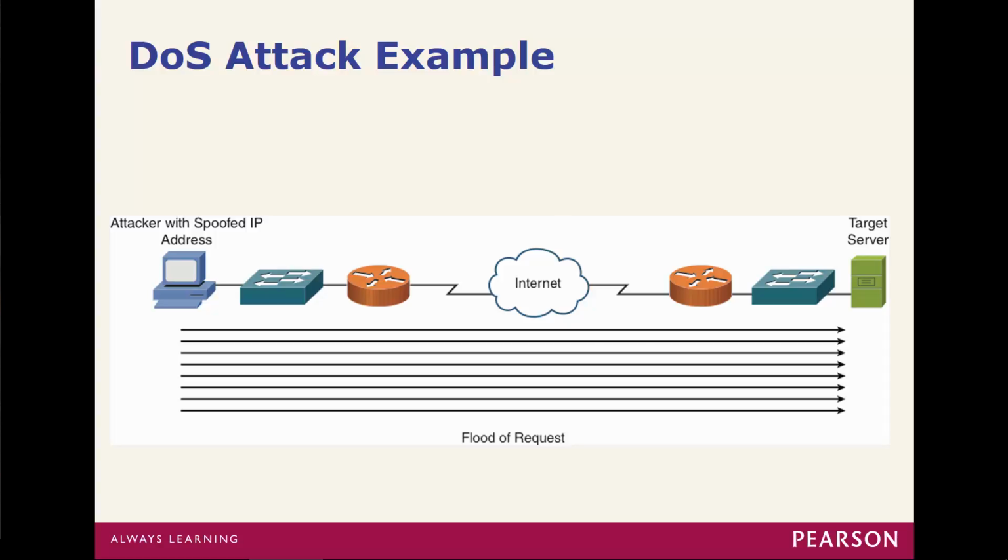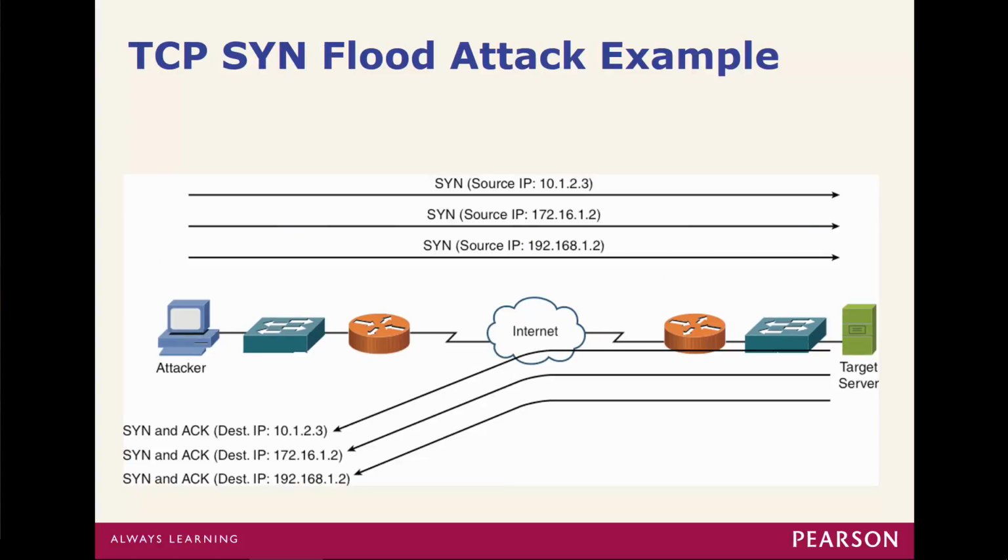A SYN flood attack with HTTPS or with TCP, there will actually be a three-way handshake, and the SYN is the first part of that. And so we could start opening a bunch of handshakes and then never actually terminating them or going through them.